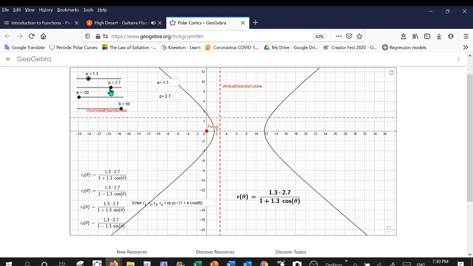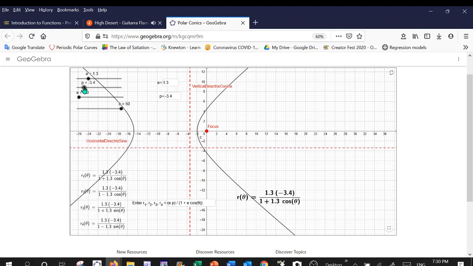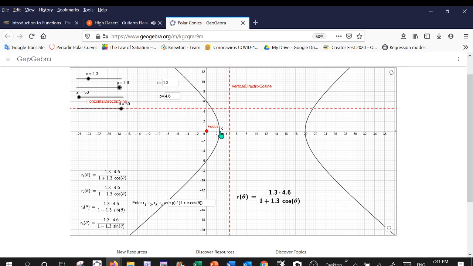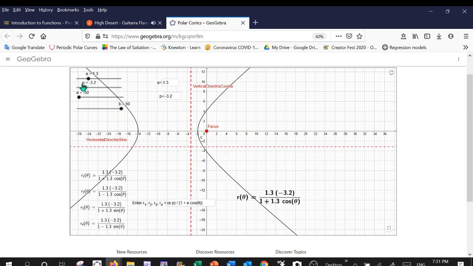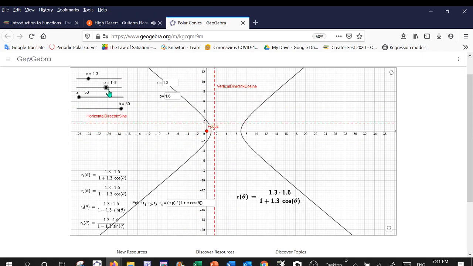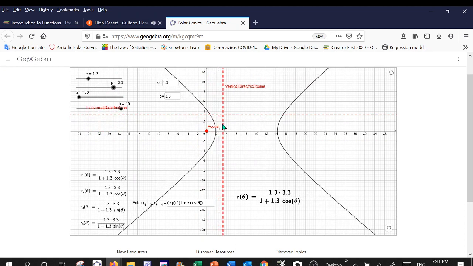Now, P, of course, determines where the directrix is, and remember, we are talking about the vertical one, this one right here. So notice that if P is negative, the directrix is to the left of the focus, which is the pole, and if it's positive, the directrix is on the other side. Okay? And this A and B are basically the way I graph this using polar, you see? As we turn around the circle, we graph this.